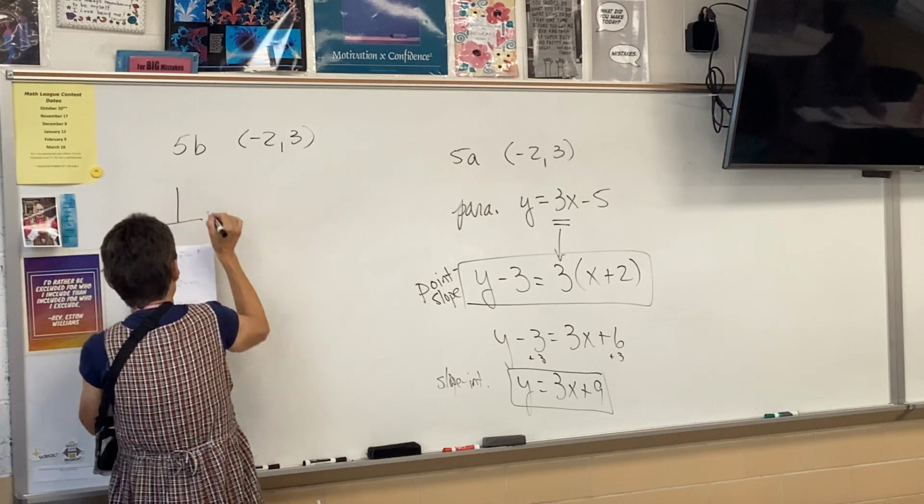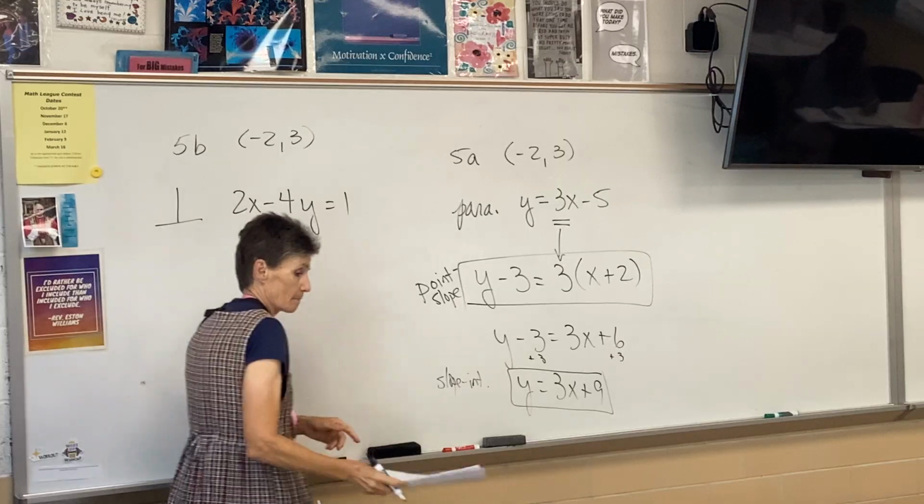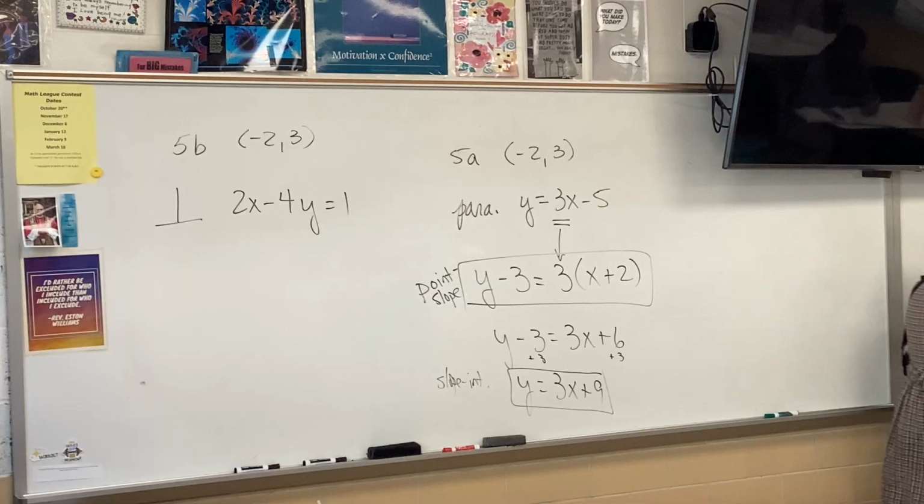And now we're going to be perpendicular to this line. What do I need? I'm going to write the equation of a line. I've got to have a slope.